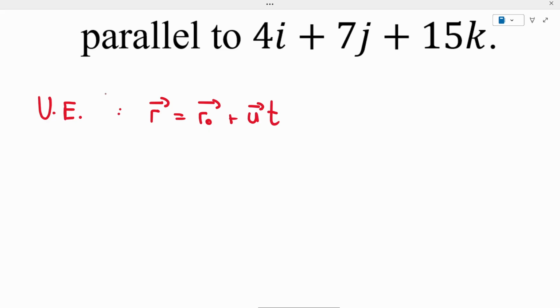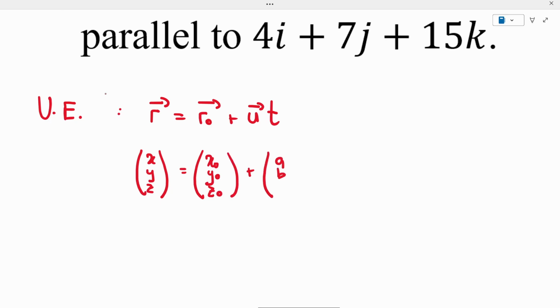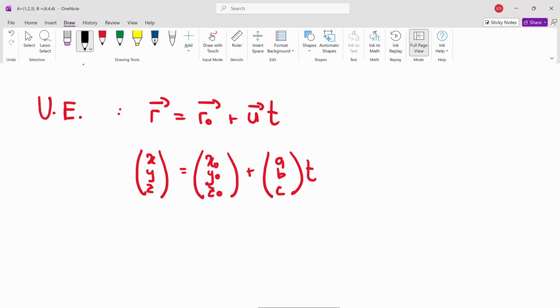So if we write it in column form, we have x, y, z is equal to x0, y0, z0 plus a, b, c times t, which looks exactly like what we got in the last question, right? So all we need to do is substitute the points that they gave.